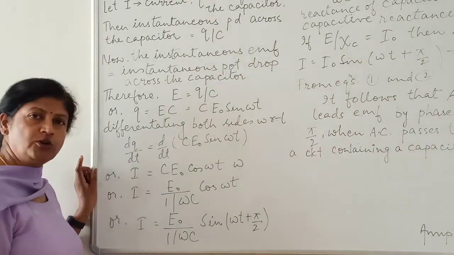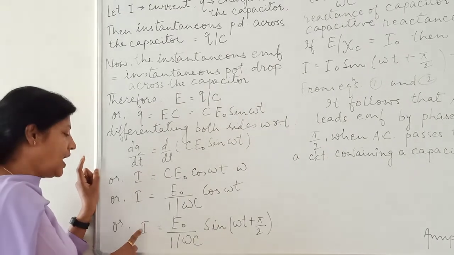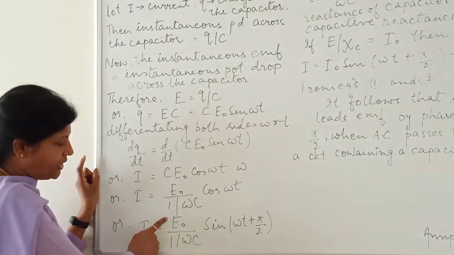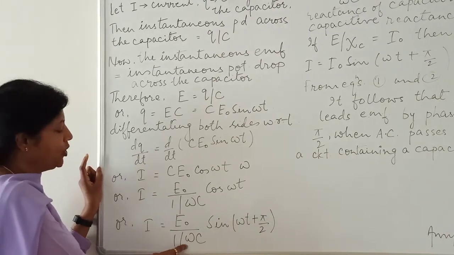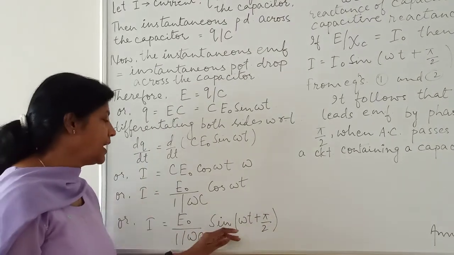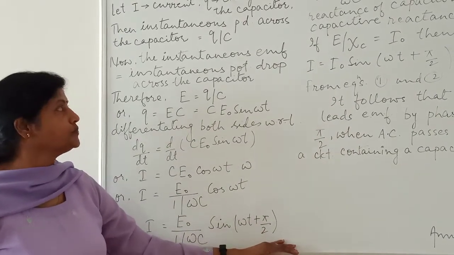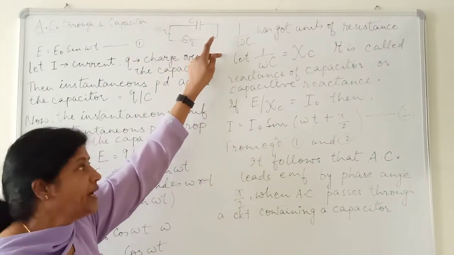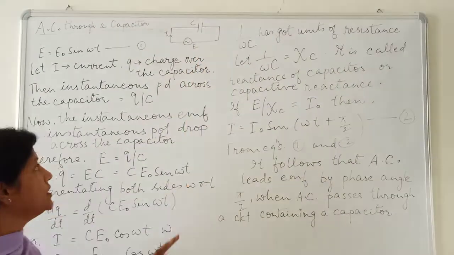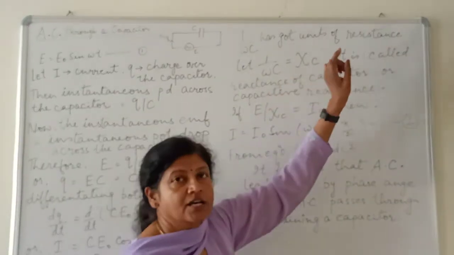From trigonometrical identities, we can write I is equal to E naught divided by 1 upon omega C, sine omega t plus pi by 2. Here 1 upon omega C has got the unit of resistance.